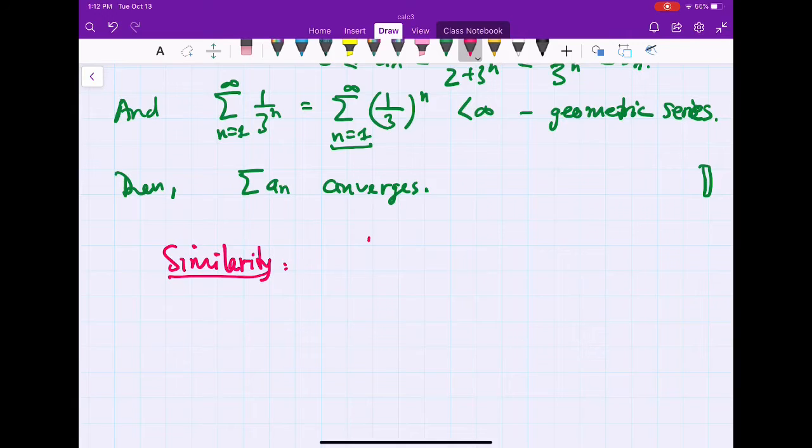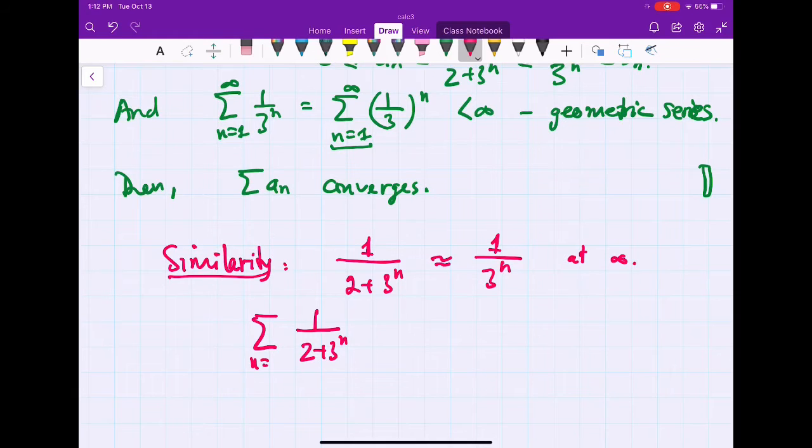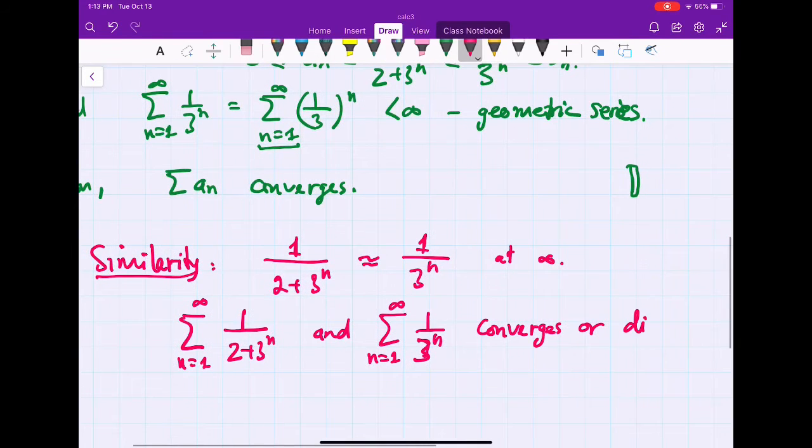In this case, 1 over 2 plus 3 to the n is similar to 1 over 3 to the n at infinity. So I will write that the series of 1 over 2 plus 3 to the n, from 1 to infinity, and the series of 1 over 3 to the n, from 1 to infinity, converge or diverge together.